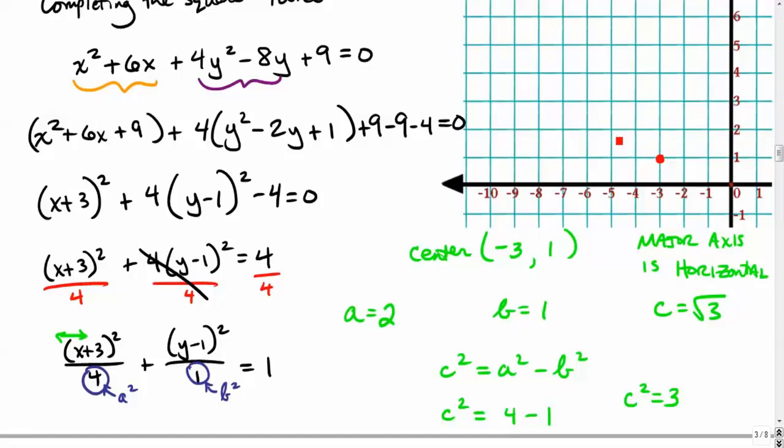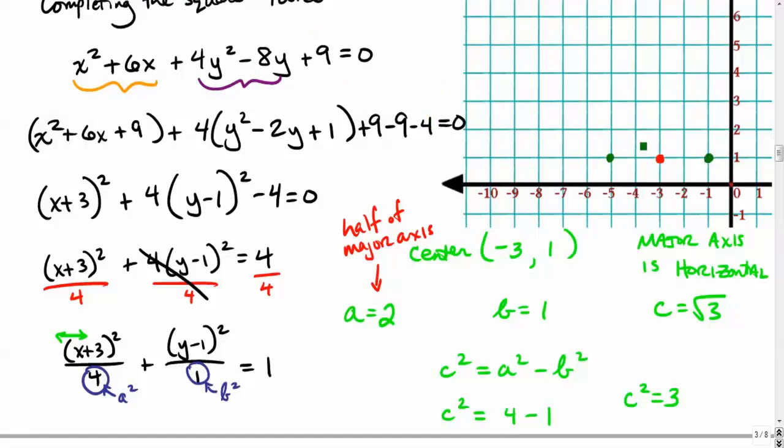And from there, I know my major axis is horizontal, so 2, by definition, is half of the major axis. In other words, the major axis is 2A, which is 4. So that means that from the center to the vertex, I'll put the vertex in dark green, is 2 units.